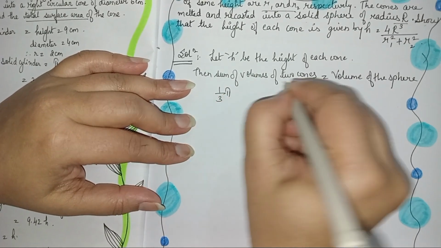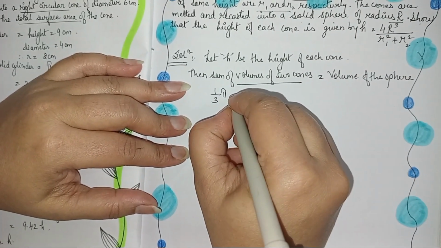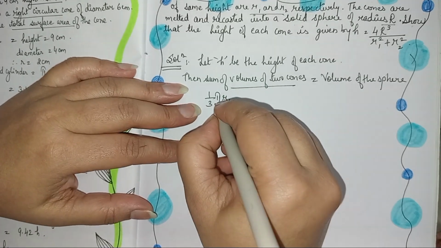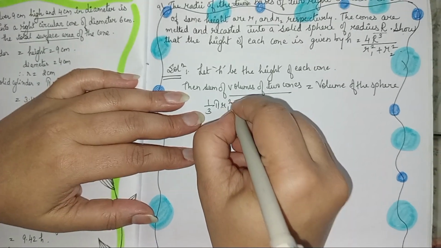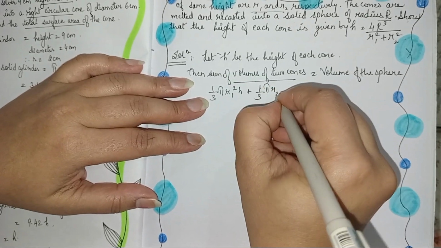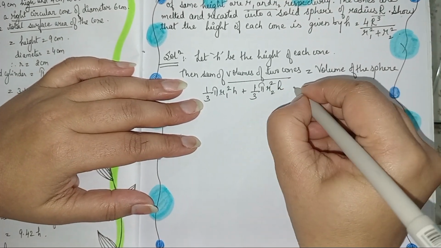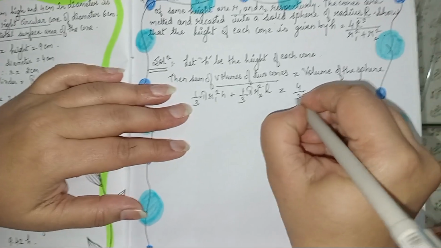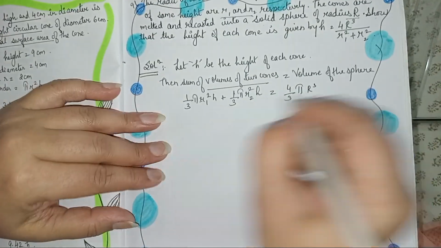The volume of these two cones: 1/3 pi r1 square h plus 1/3 pi r2 square h is equal to 4/3 pi r cube.